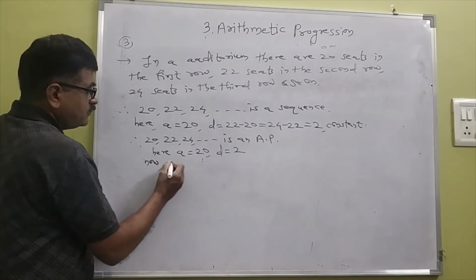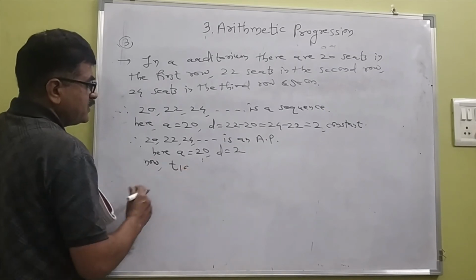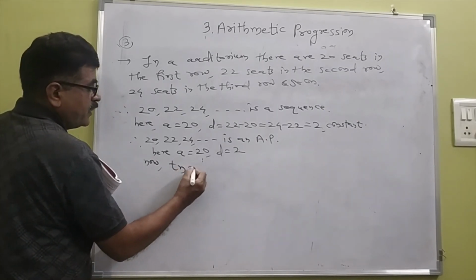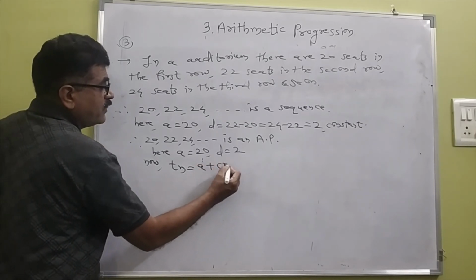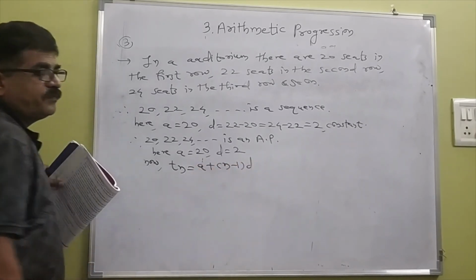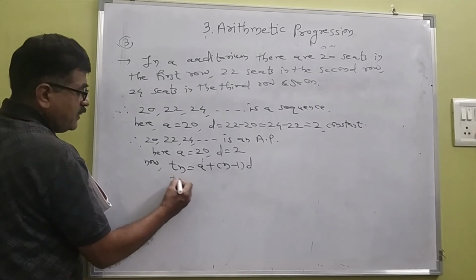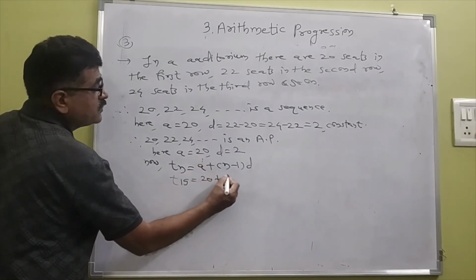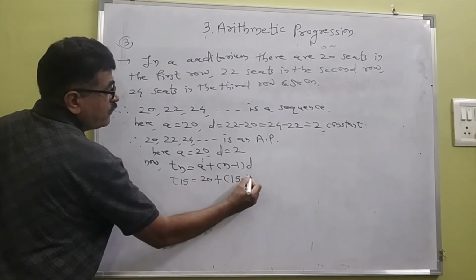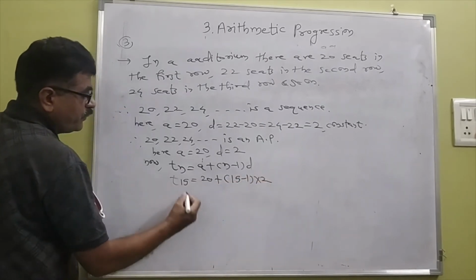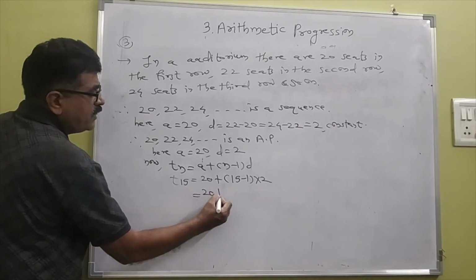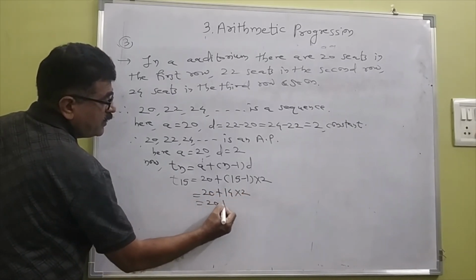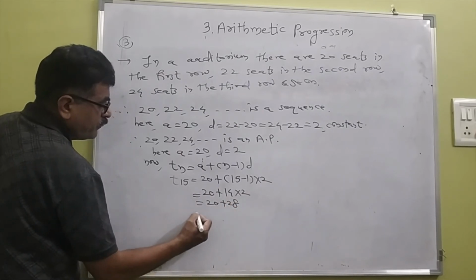Now write down the formula Tn is equal to a plus (n minus 1) into d. T15 is equal to a, which is 20, plus (15 minus 1) into d, which is 2. That is 20 plus 14 into 2, which is 20 plus 28.